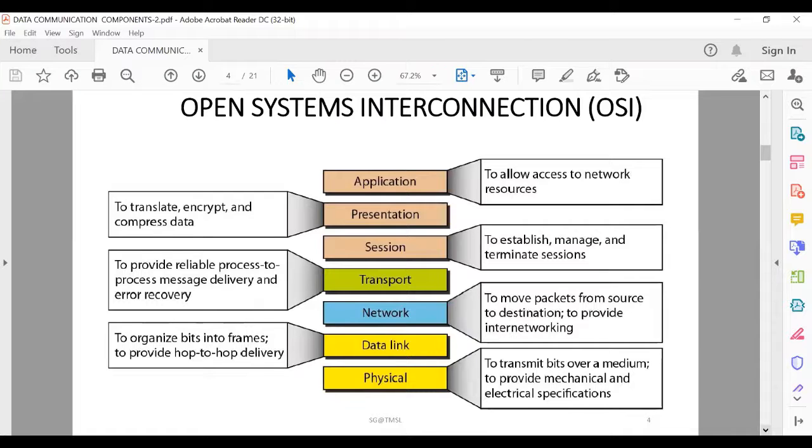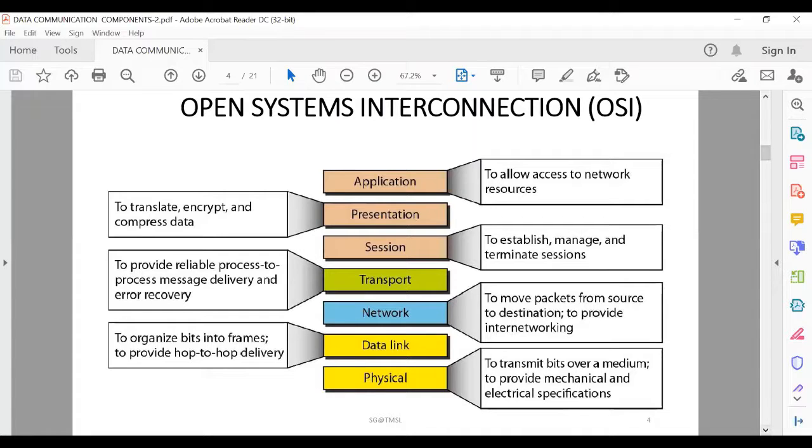This is the Open Systems Interconnection model, called the OSI model. OSI is a reference model that describes how information from a software application in one computer moves through a physical medium to the software application in another computer.